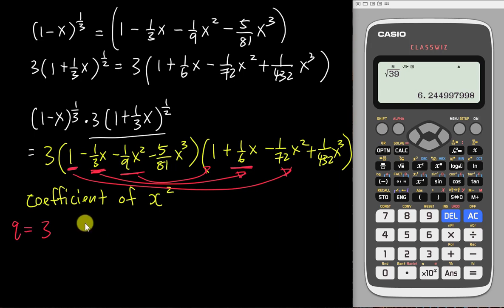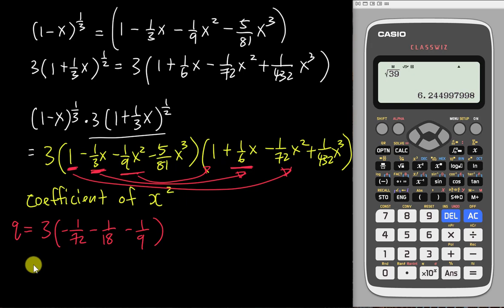So I can say the q is actually equal to, 1 multiplied by this one is negative 1 over 72. I only want the coefficient of x squared, so I will not write the x squared out. Then the second term, negative 1 over 3 multiplied with 1 over 6, so I get negative 1 over 18. 1 over 3 then 1 over 6 is very easy. And then negative 1 over 9 times 1, I get negative 1 over 9.